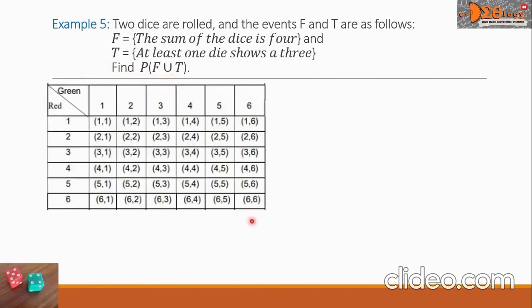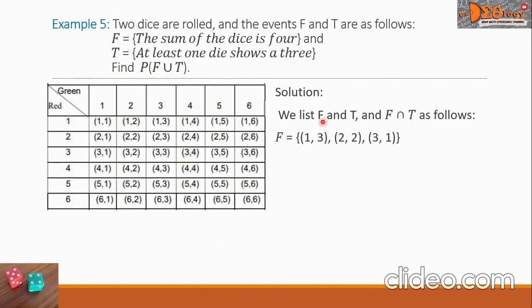First, let us remember we have a table that shows rolling of 2 dice. Then we list the event F and event T and the event F intersect T. Let's begin with F, and we have here (1,3), (2,2), and (3,1).